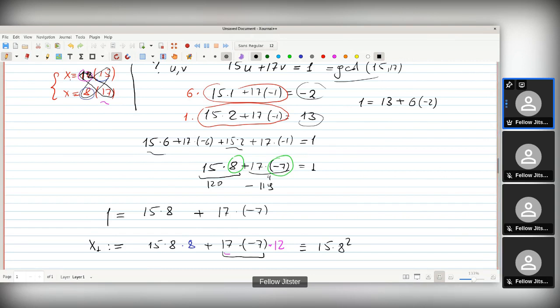And what is 17 by minus 7? It is 1 minus 15 multiplied by 8. Do you agree? Yeah. Everything must be multiplied by 12.